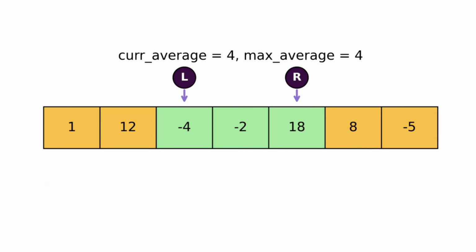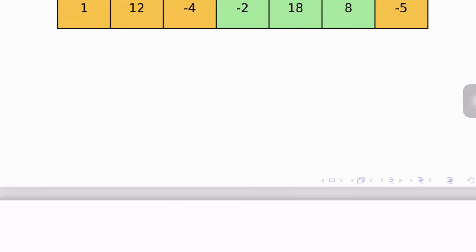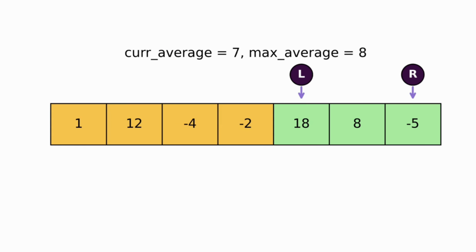And then we increase the left and right pointers again, and we can see that our current average is 4. Since 4 is greater than 3, we update the maximum average, and then we move our left and right pointers to the right. Here we can see that the current average is 8. Since 8 is greater than 4, we update our max average, and then the current average is 7, and since 7 is less than 8, we keep 8 as the maximum average.